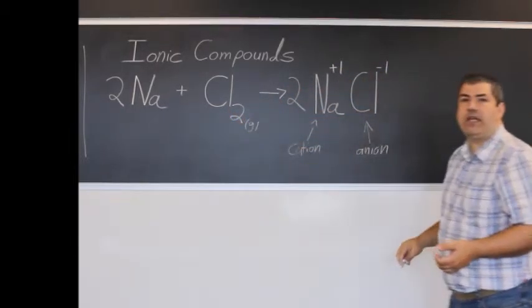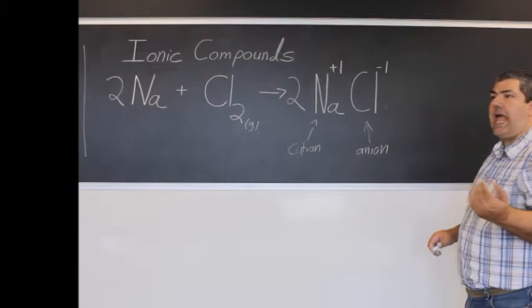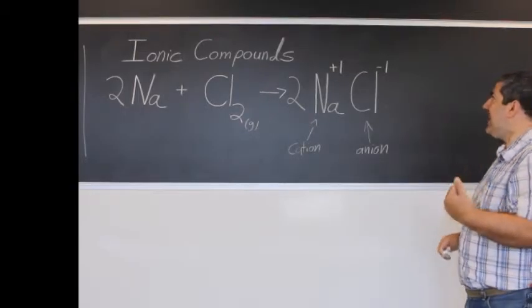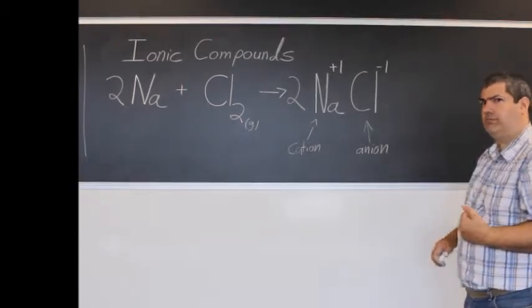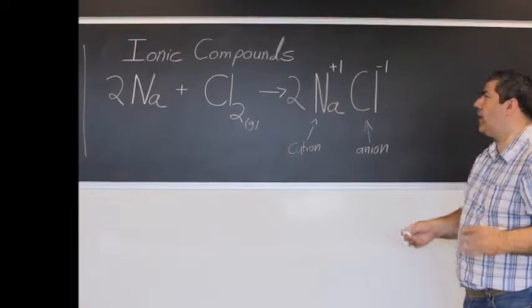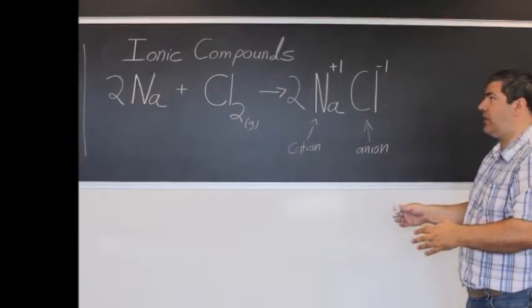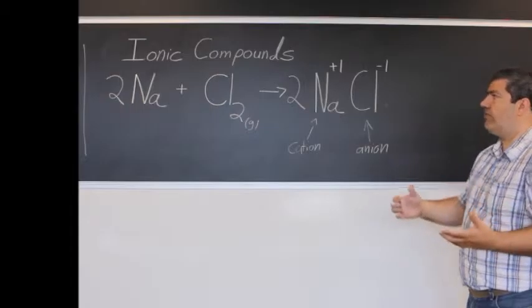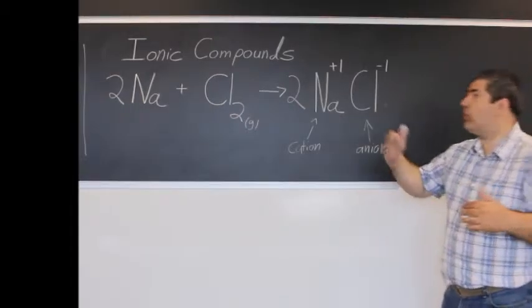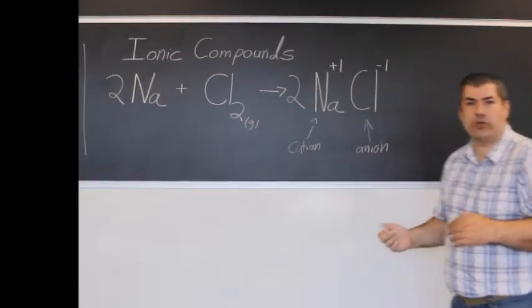Chlorine is in group 17, and it typically forms -1 species. Now, how do I know that? How can you prove that? Well, you can prove it by doing a chemical reaction. How do I know that or justify that? We'll see that we have to come back to it a little bit later in the course.